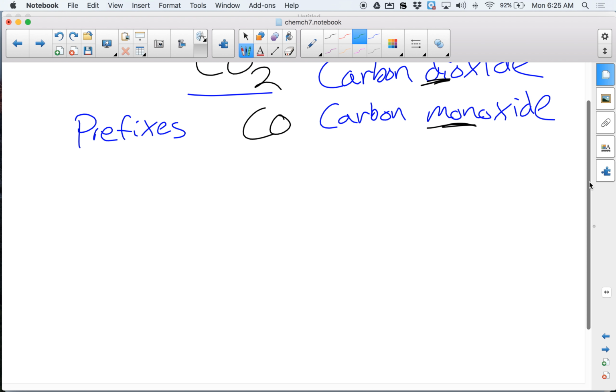So let's put down the prefixes for all the numbers 1 through 10, and then I'll show you how to use those, and then we can go from there. So the prefix for 1, as we already said, is mono.